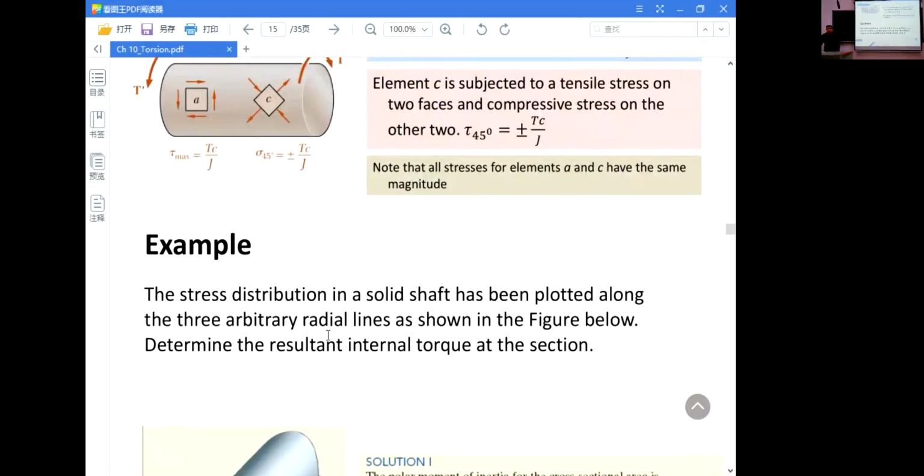Suppose here is another example. Okay. Look at it.